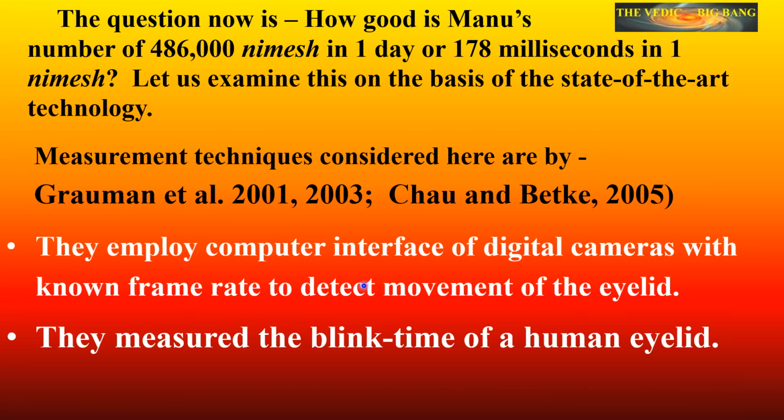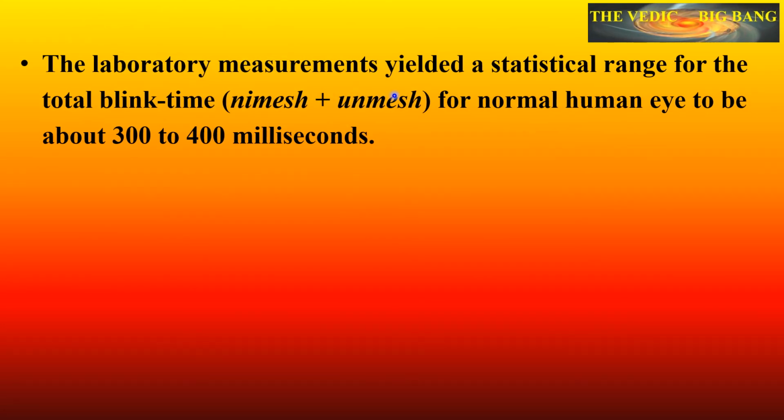They employ computer interface of digital cameras with known frame rate to detect movement of the eyelid. They measured the blink time of a human eyelid. The laboratory measurements yielded a statistical range for the total blink time, nimesh plus unmesh, for a normal human eye to be about 300 to 400 milliseconds.